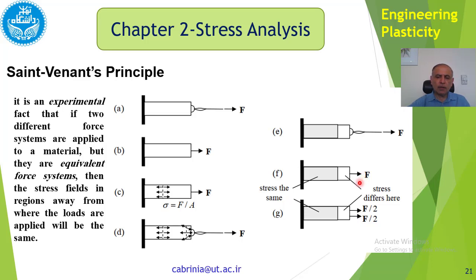Saint Venant says that its effect on the body is also the same, meaning the stresses are the same. It is an experimental fact that if two different force systems are applied to a material but they are equivalent force systems, then the stress fields in regions away from where the loads are applied will be the same.